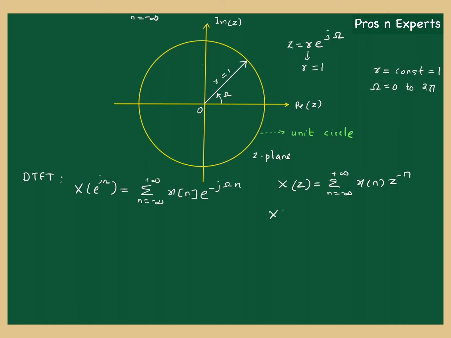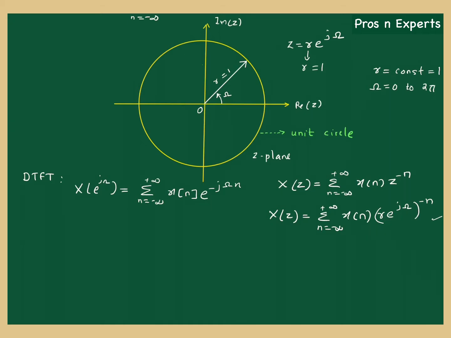Let me tell you. X of z is equal to sigma n equal to minus infinity to plus infinity x of n into z, which is actually r e raised to j omega, whole raised to minus n. This equation directly changes to this equation when I put z equal to r e raised to j omega, nothing else.